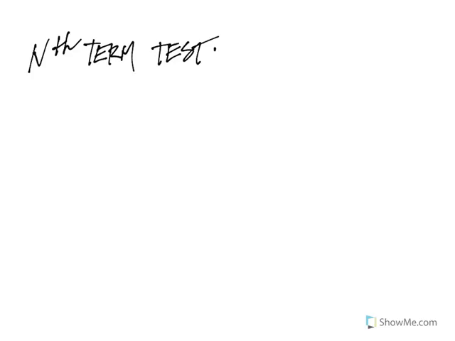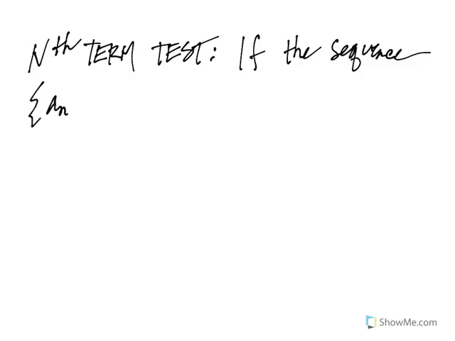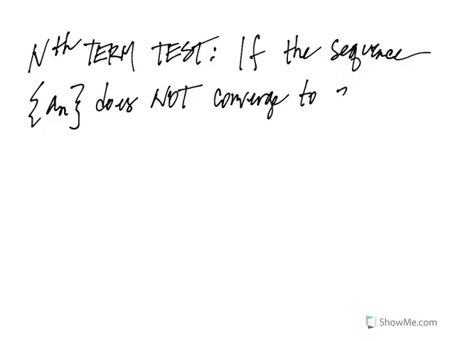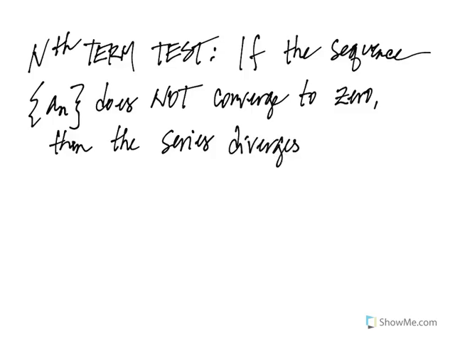And the nth term test says this: if the sequence, and this is a sub n, remember that's the notation we use for sequences, does not converge to 0, then the series diverges.